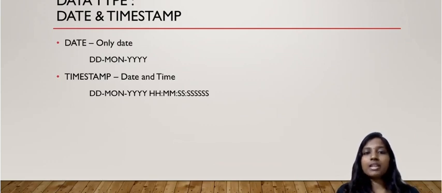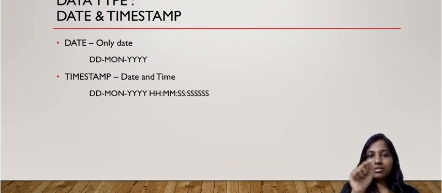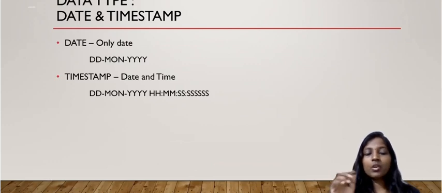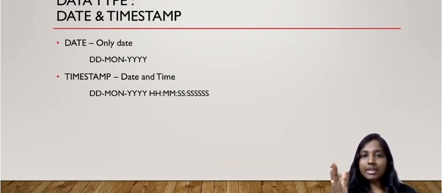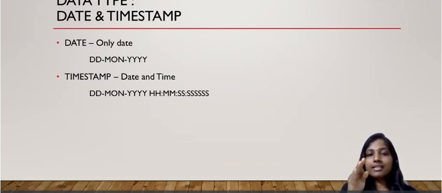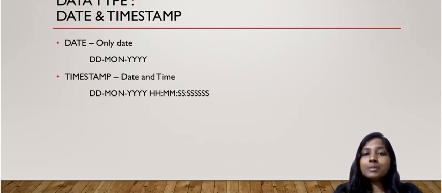When you go to timestamp, it has both date and time. The format is given below: date 06 or 07 hyphen MON, the month JUN, JAN, or APR, hyphen the year. Okay, give a space. HH is for hours, then colon minutes, then seconds and microseconds. So timestamp format is this.